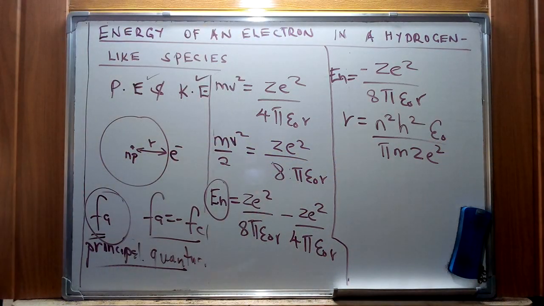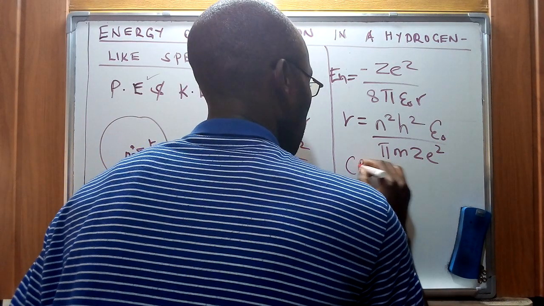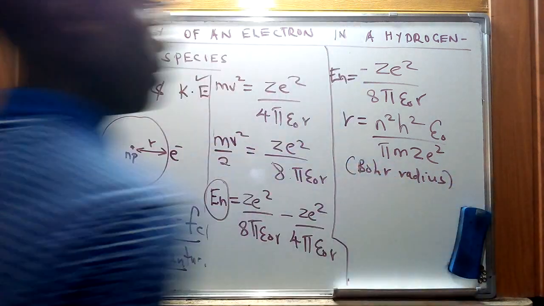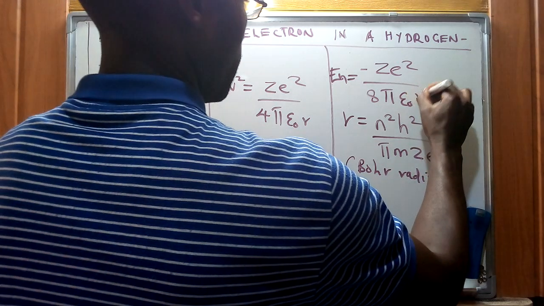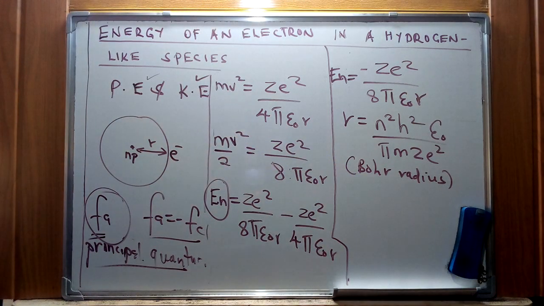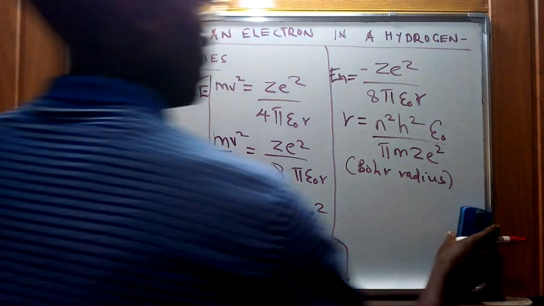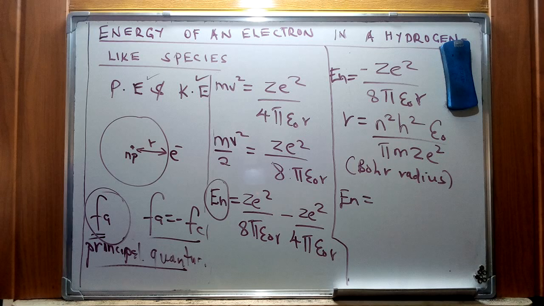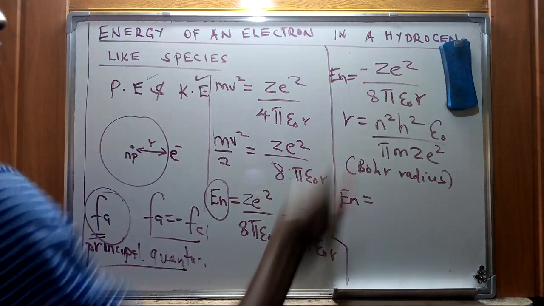So that was a formula that gave us what we refer to as Bohr's radius. Considering that this specific r can be substituted for Bohr's radius, we can have this energy En represented as a substitution for this r in this specific formula.